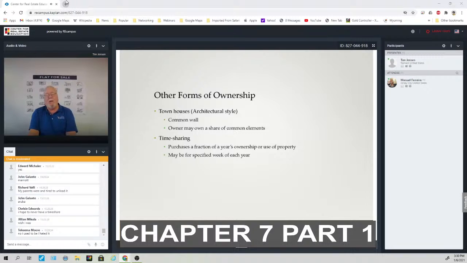You're probably going to lose money on the resale of a timeshare, that's all. But you're purchasing a fractional interest in ownership of the property, and it's for a specific time each year. So if you like vacationing the same time in the same place every year, well, timeshares might be for you.